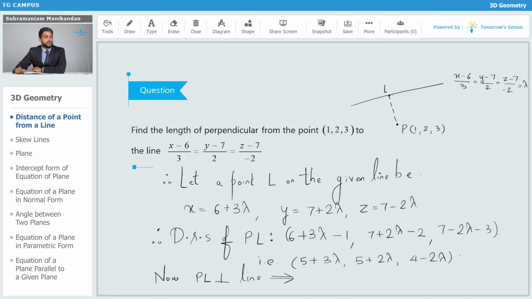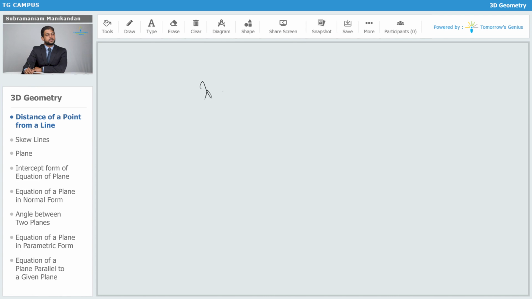So we get 3 times (5 plus 3 lambda) plus 2 times (5 plus 2 lambda) plus minus 2 times (4 minus 2 lambda) is equal to 0. So this gives us lambda is equal to minus 1 after solving.